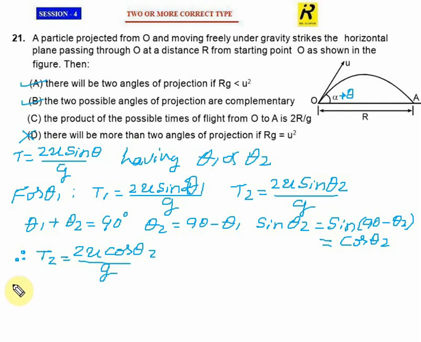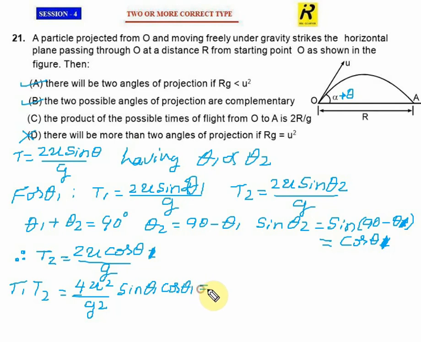Now if I calculate the product T1 T2, in the product I have 2u in both cases. That means it is 4u square divided by g square into sine theta 1 into cos theta 1.